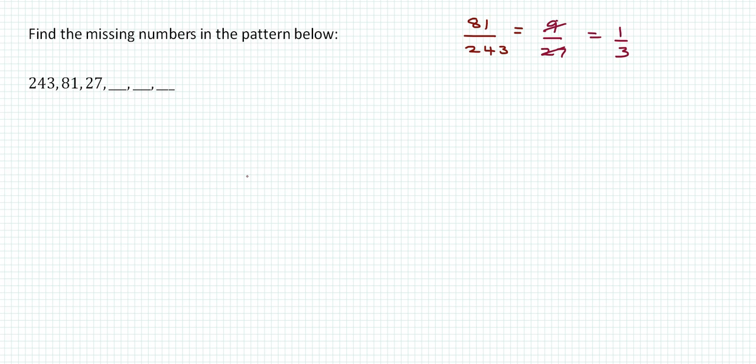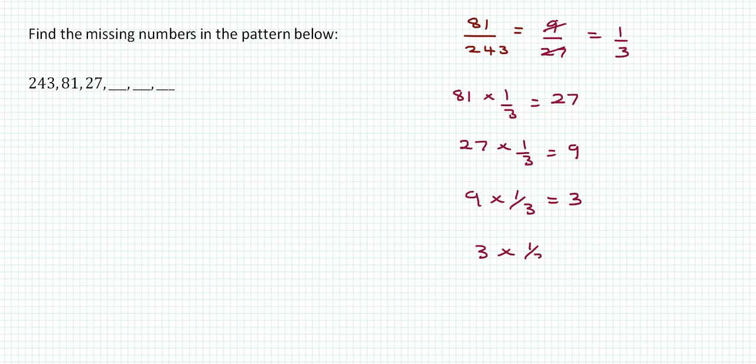So now we're going to multiply 81 by 1 over 3. This is going to give us 27. 27 multiplied by 1 over 3, we're going to get 9. 9 multiplied by 1 over 3, we're going to get 3. And 3 multiplied by 1 over 3, we're going to get 1.